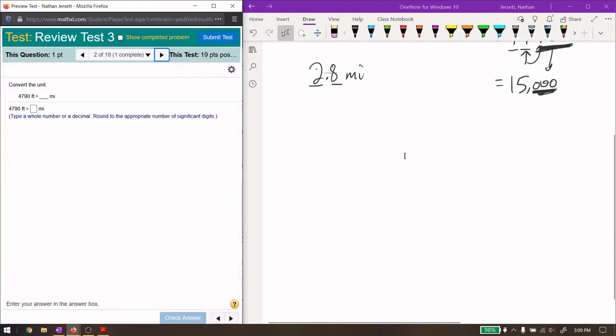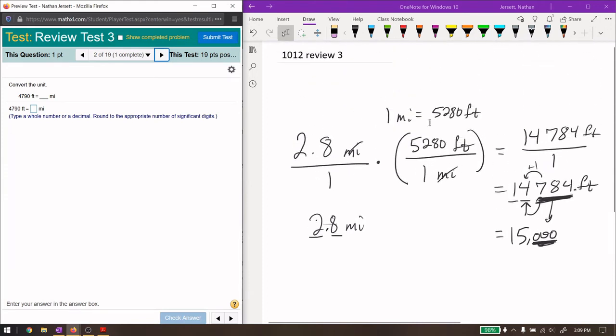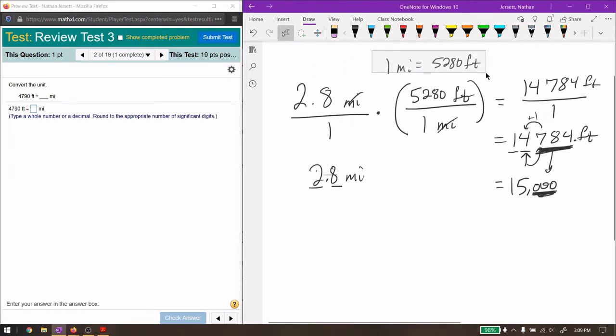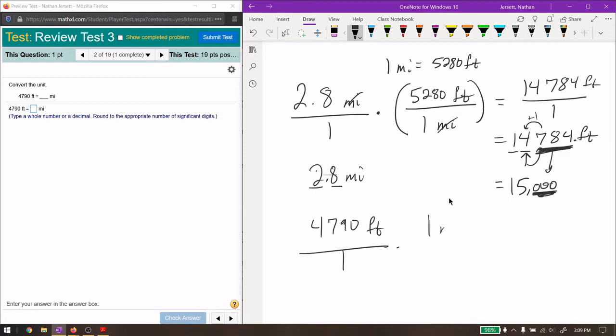All right. You can use the same conversion here. 1 mile equals 5,280 feet. Here we go, 4,790 feet over 1 times 1 mile over 5,280 feet. See, now we've flipped this unity fraction this way, because now we want the feet to cancel, which they do.